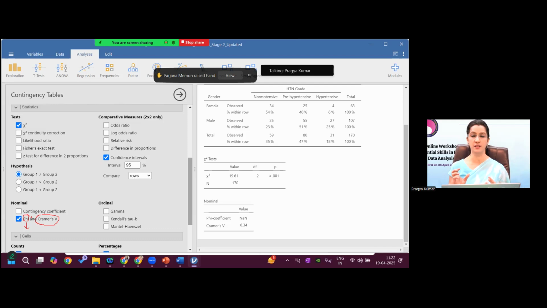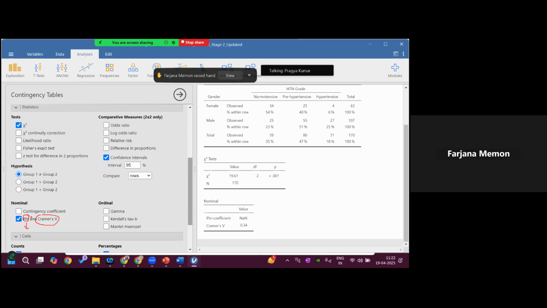Like correlation. You can say the value, because correlation is also an effect size. So if it is 0.8 or 0.5, the p-value can be significant even if the value is small. I hope you know what a correlation coefficient is, Dr. Farzana. Yes, ma'am. Now I recall, now I get clarification between these two terms.